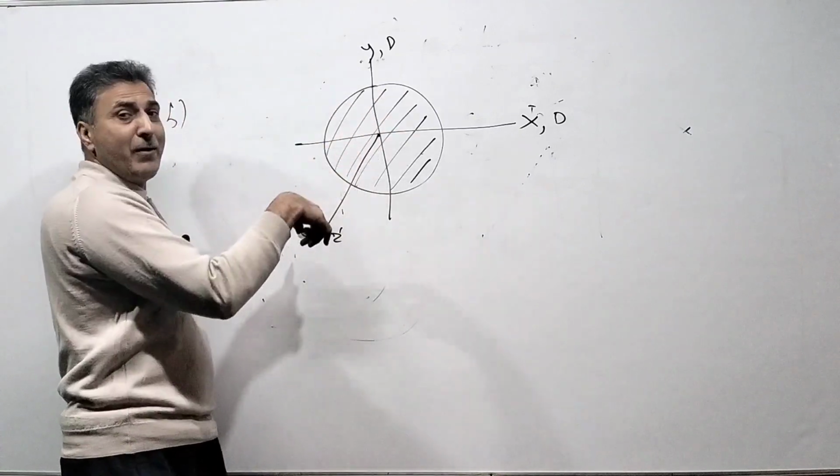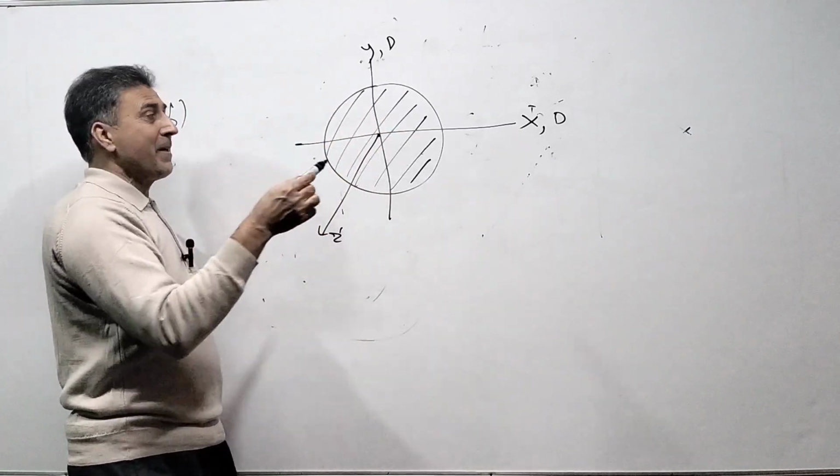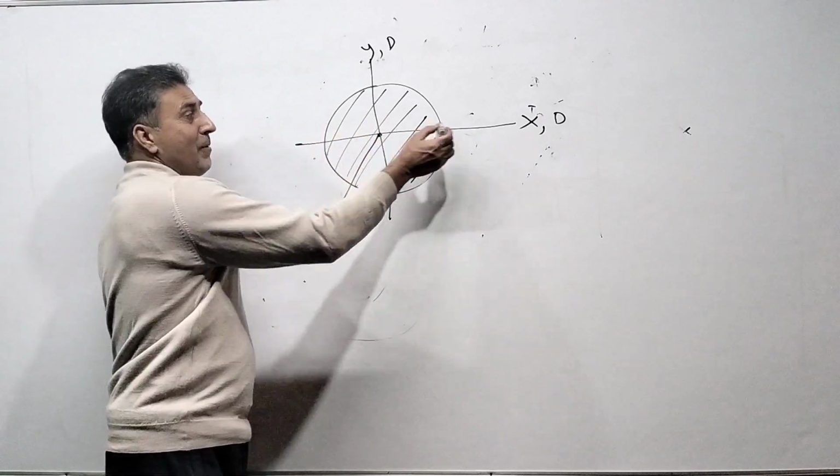That I know, that is 1 by 2 mr square. About this axis you know. I want to know about this axis.